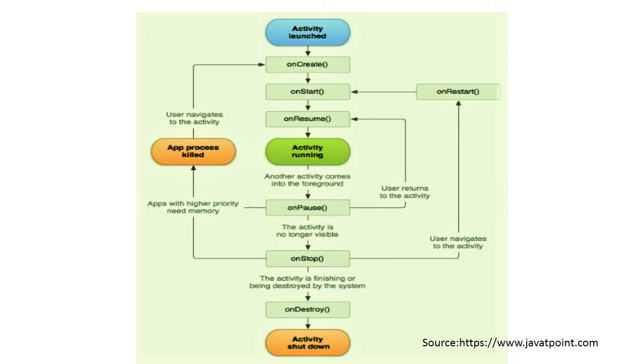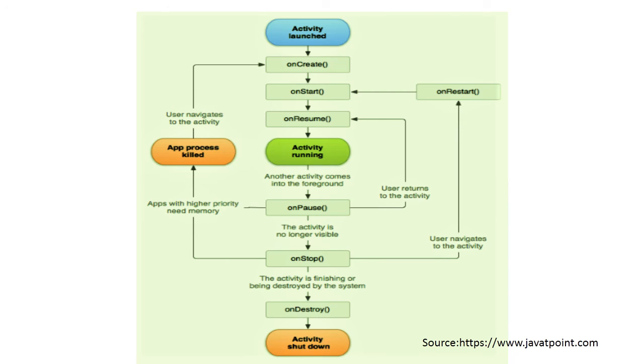Then some methods related to the Android activity lifecycle. First, onSaveInstanceState. This is a Bundle method. Android will call this method to allow the activity to save instance state, such as a cursor position within a text field.